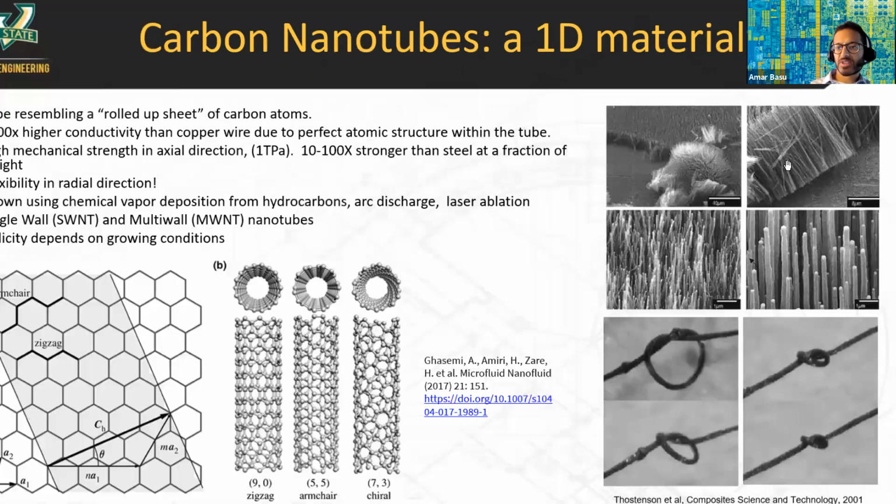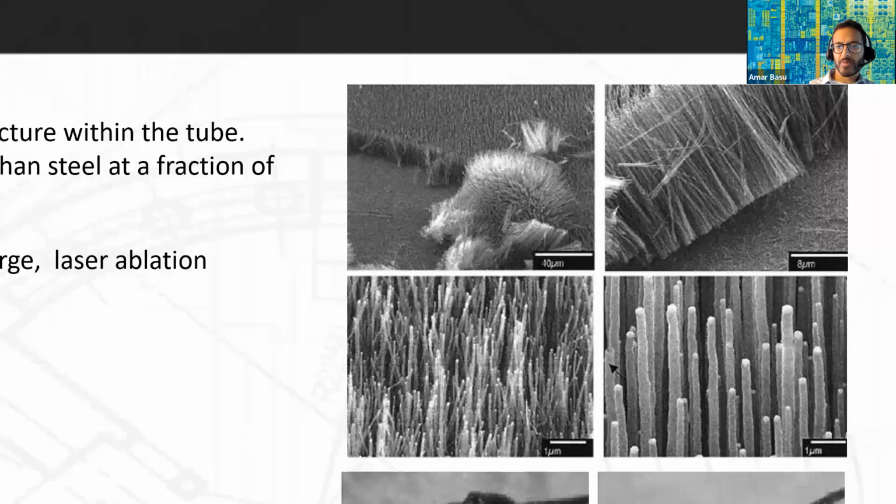Now, just by looking at the structure of carbon nanotubes, one of the reasons people were very excited about it, and still are, is that it forms forests. Literally, it looks like grass in some of these pictures, but these are 1 micron wide and fairly tall.